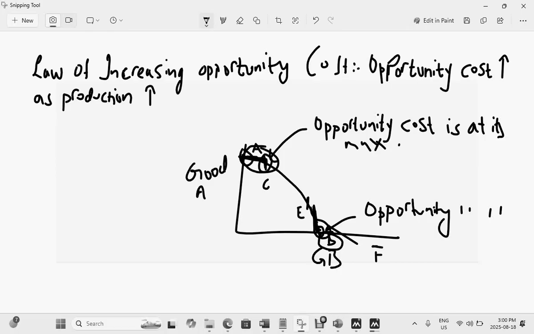But if you were to allocate the same resources for good A, because good A is 0 at point F, it will make a huge deal.